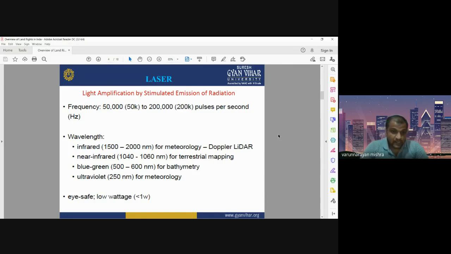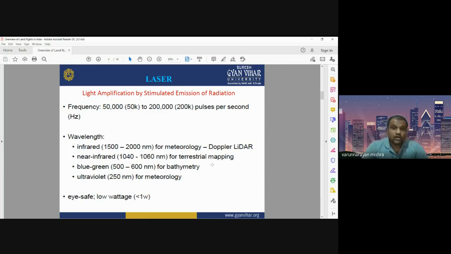This laser works at different wavelength intervals. Like yesterday we discussed, the lidar system works in the infrared portion. Lidar also works in the near infrared portion, blue, green, ultraviolet, and other portions of the electromagnetic radiation. So lidar works at different wavelength intervals, and it depends on the requirement.